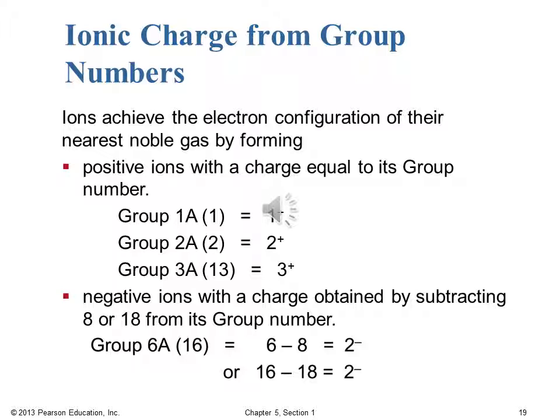So if we take the group number, group 6A would be 6 valence electrons minus 8, which gives us a 2 minus charge, as our convention is. If you're going to stick with the higher numbering system without the letter, for the same elements, things like oxygen and sulfur would be in group 16, so we would do 16 minus 18, and we'd still get that 2 minus.